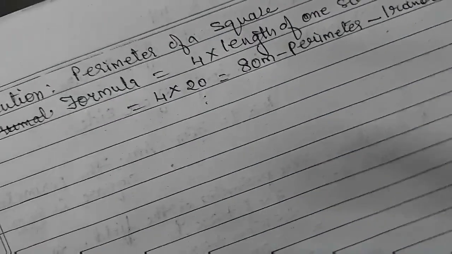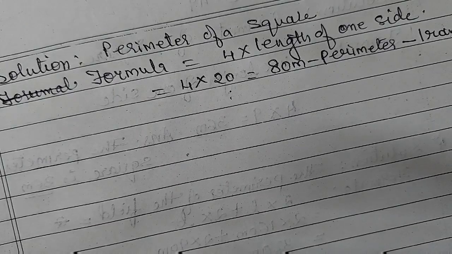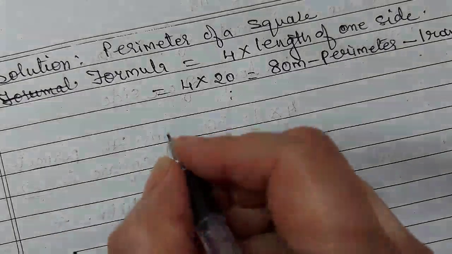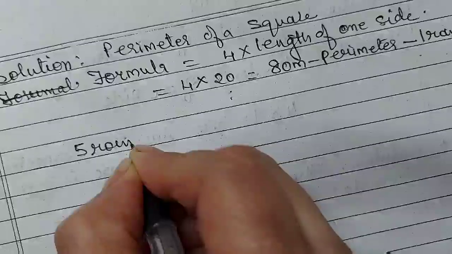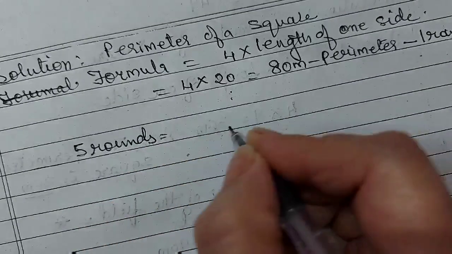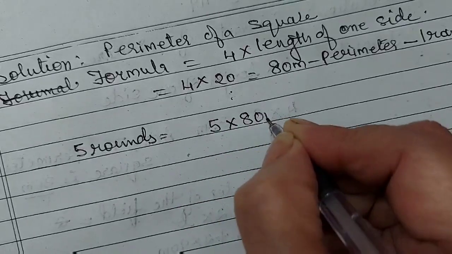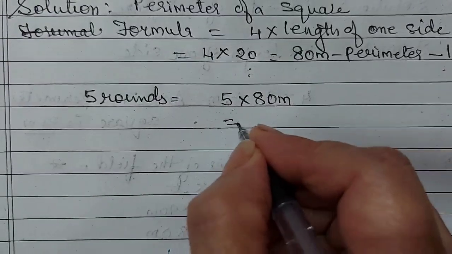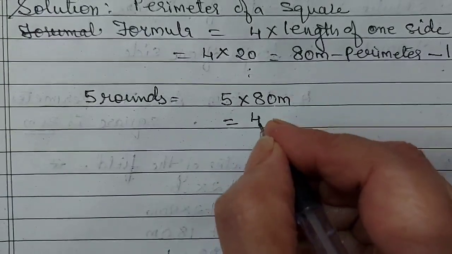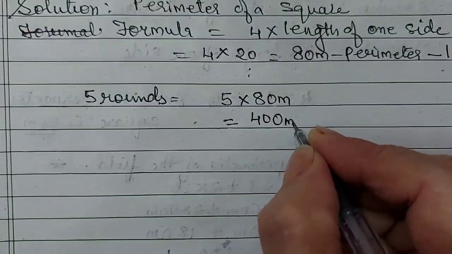Now one round, the boy runs how much? How many rounds does he run? 5 rounds. So therefore, 5 rounds is equals to 5 into 80 meters. 5 rounds is equals to what? 5 8s are 40 and this 0, this becomes 400 meters.